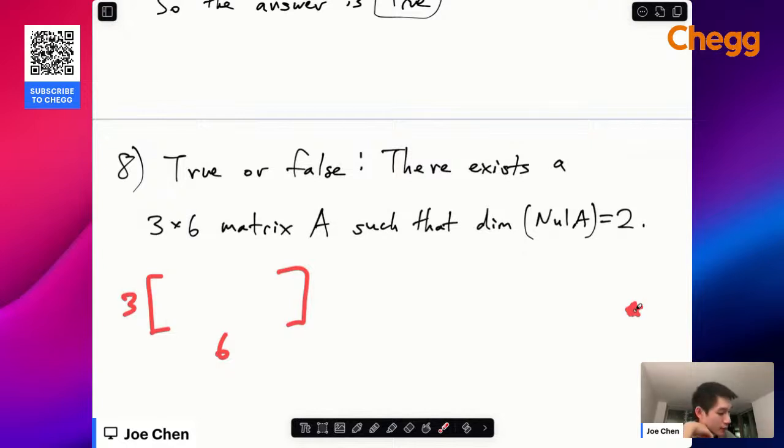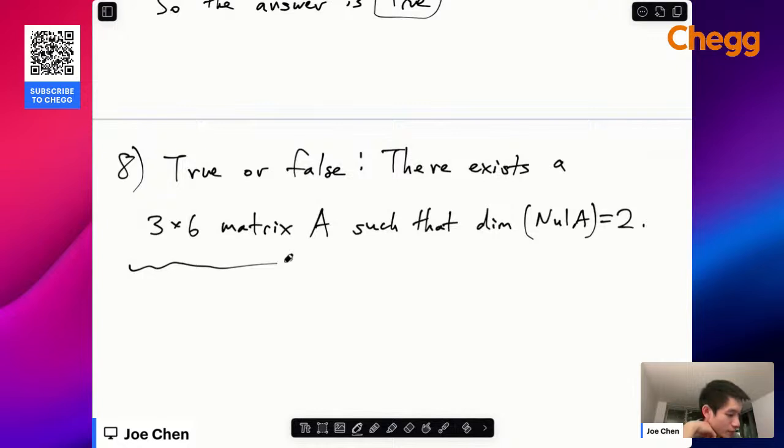All right. I think that should be enough time. Let me know if you think it's true or false. This is how I'll think about it. By the rank nullity theorem, let's assume that it's true for now.